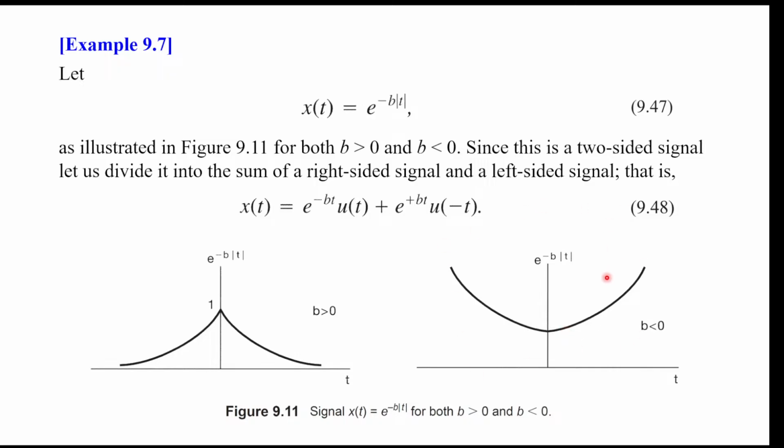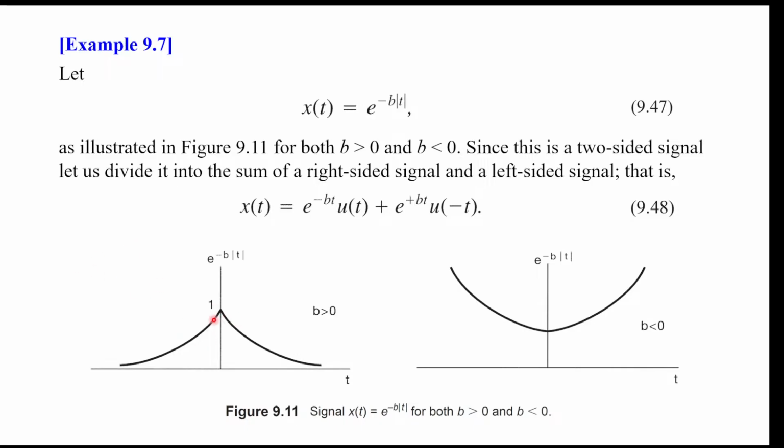The Laplace transform is divergent, and you can kind of feel it because this is a very divergent function. On the other hand, the other case has a convergent Laplace transform between minus b and positive b. Okay. Any questions on this example?